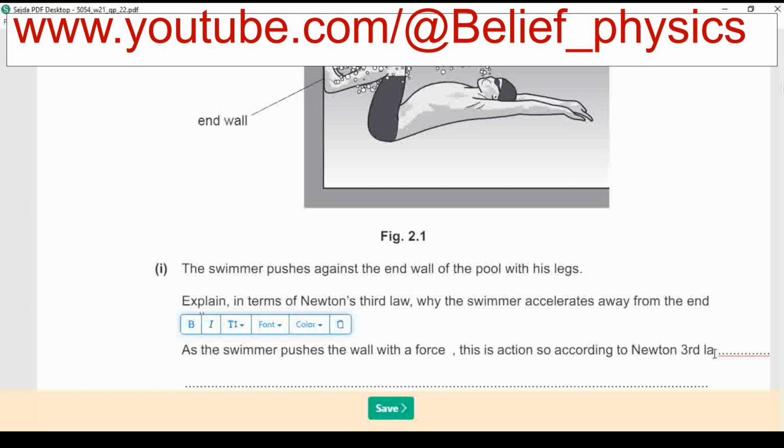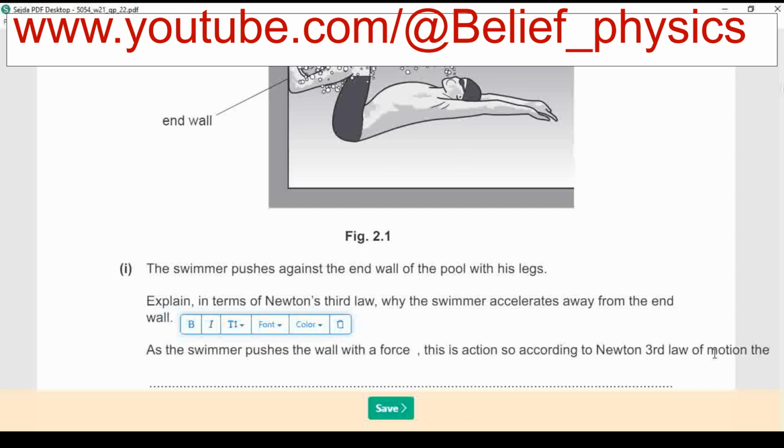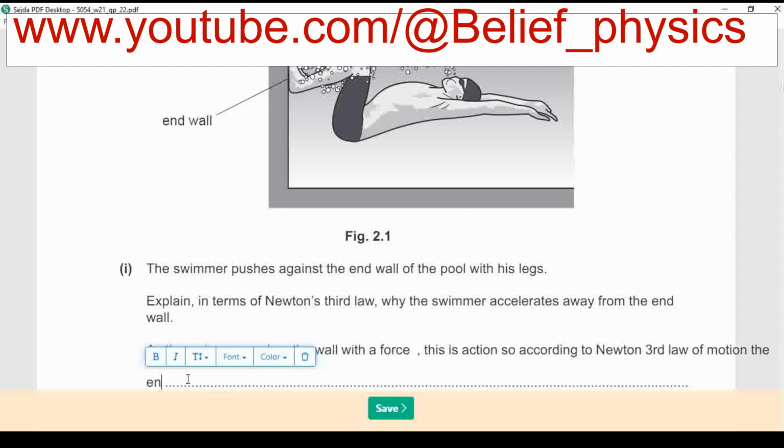According to Newton's third law of motion, the end wall pushes him in the opposite direction, that is away from the wall.